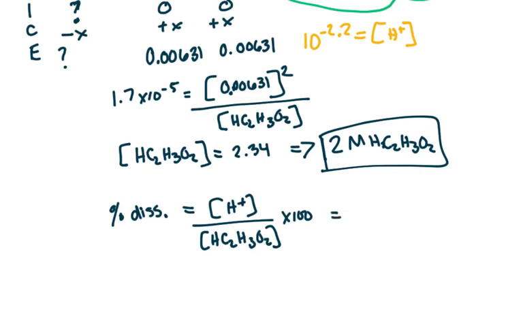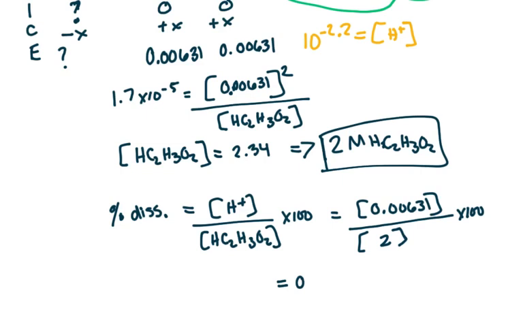So that is my hydronium ion concentration, 0.00631, over my acetic acid solution concentration of 2, and then times 100. So that into my calculator is 0.3155%.